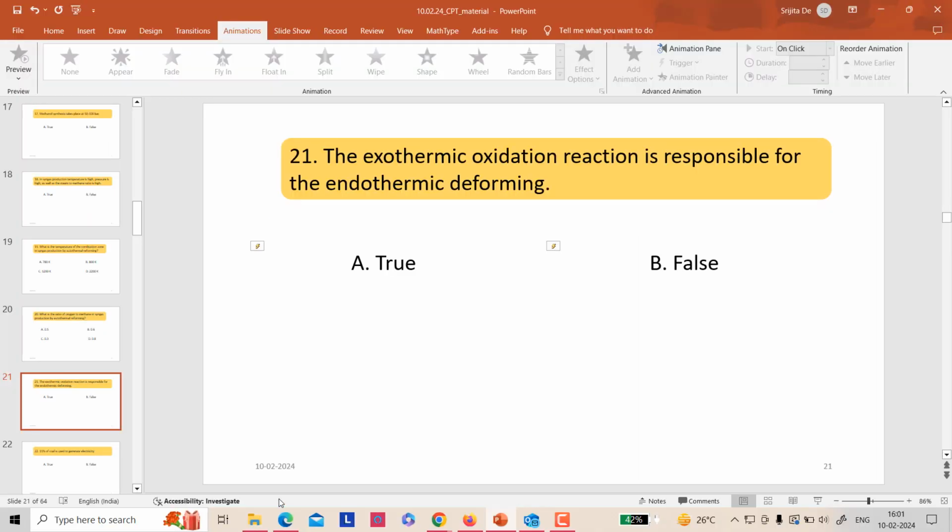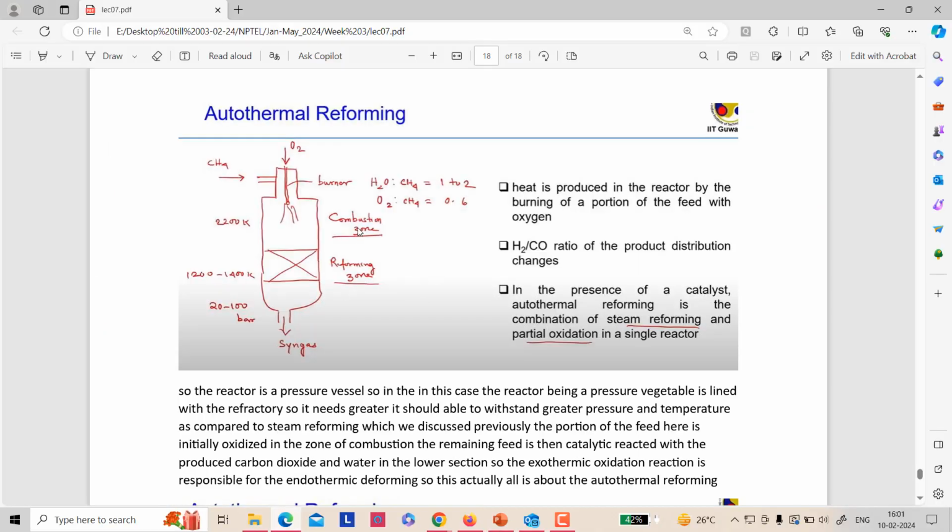Because in this autothermal reactor, first in the combustion zone, the oxidation reaction is happening, so it produces much more heat. Due to that heat and the presence of steam, steam reforming happens in the reforming zone.